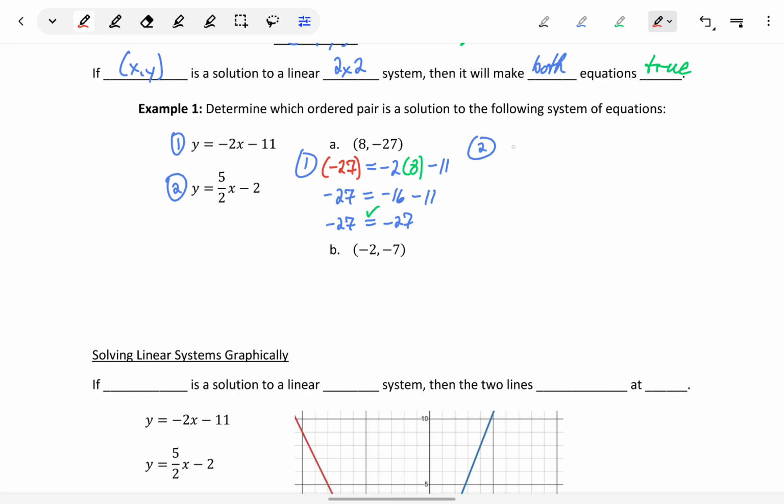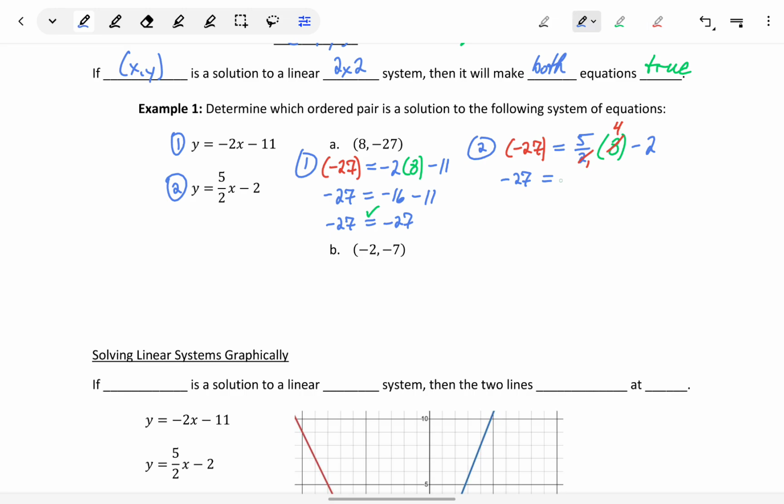So now we'll plug in y equals negative 27 into the second equation, and then simplify and check whether the two sides of this equation are equal. On the left-hand side, we get negative 27, which will be equal to 5 halves times 8. That will become 20 because we can reduce 8 over 2.